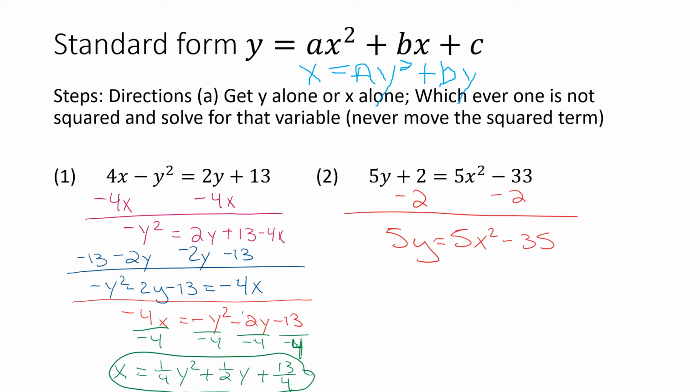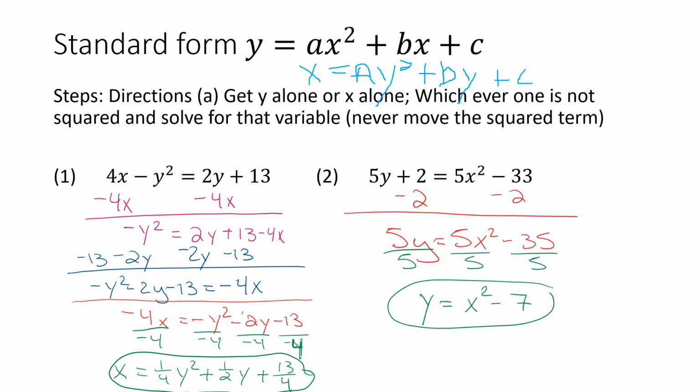Plus c. Yay! Anyway, if you're looking at the equation, hopefully you noticed, in this case you want to get the y or x alone. It depends on which one is not squared. So in this case, this y is not squared either.